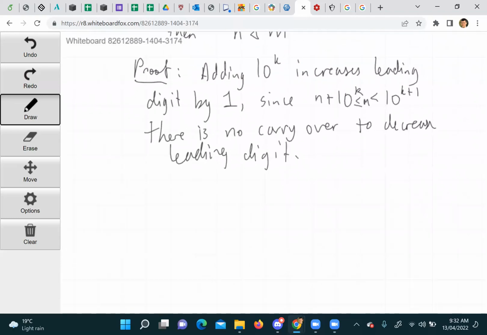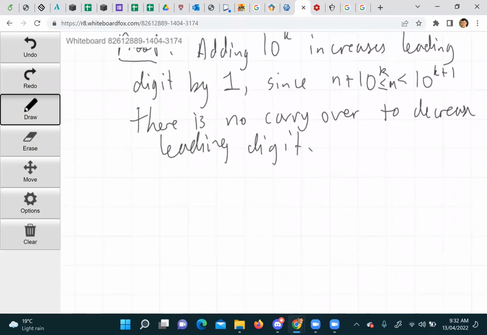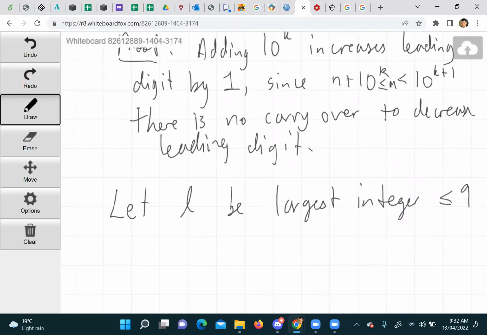Okay, now let L be the largest integer less than 9.